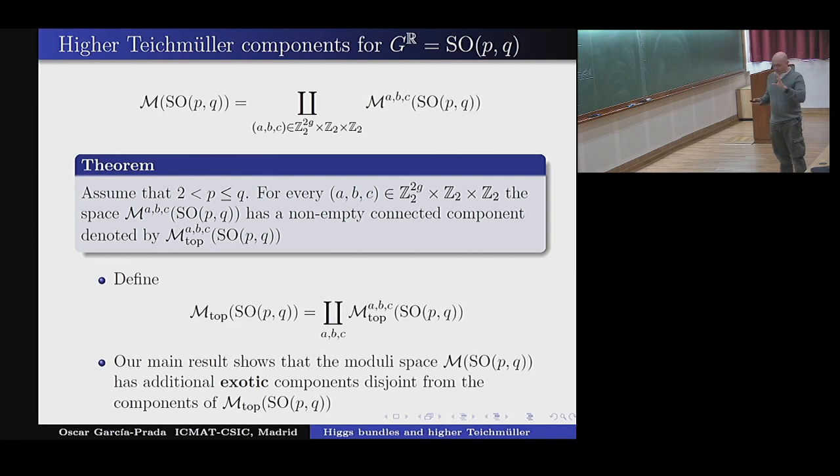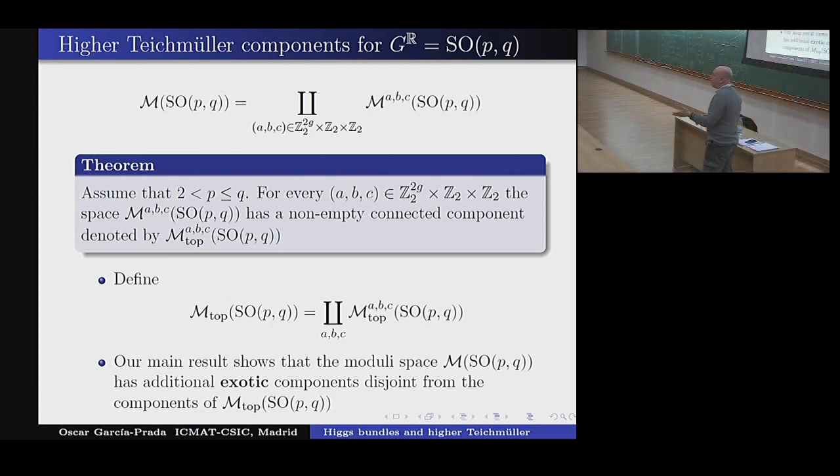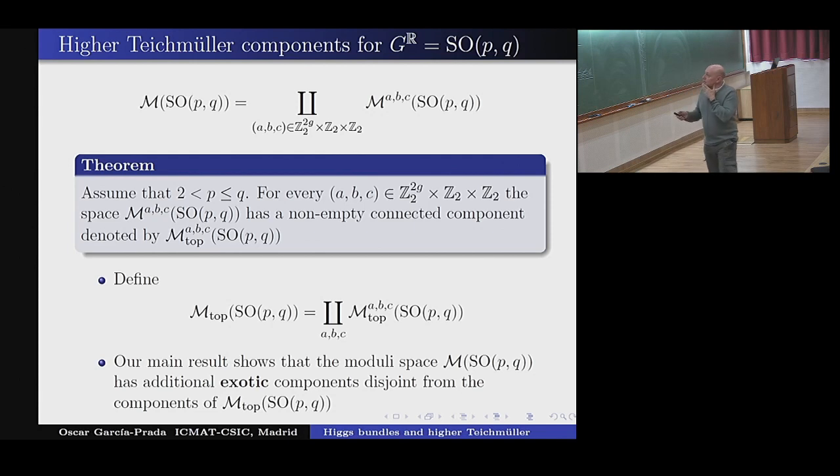In fact, that component consists of Higgs bundles that can be deformed to a Higgs bundle where the Higgs field is 0. So from the point of view of representations, they correspond to representations that factor through the compact subgroup of SO(p,q). We call this M-top.